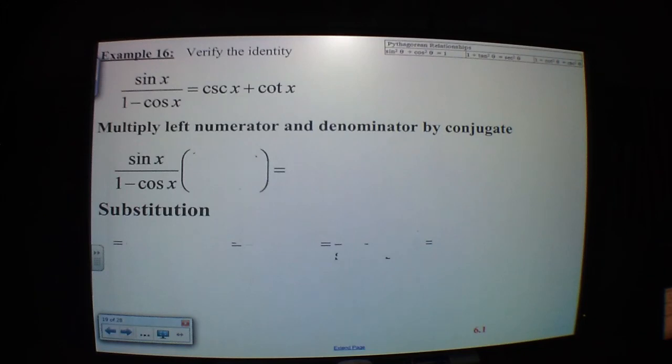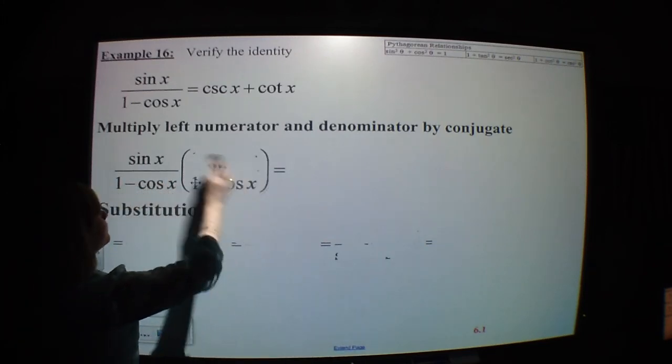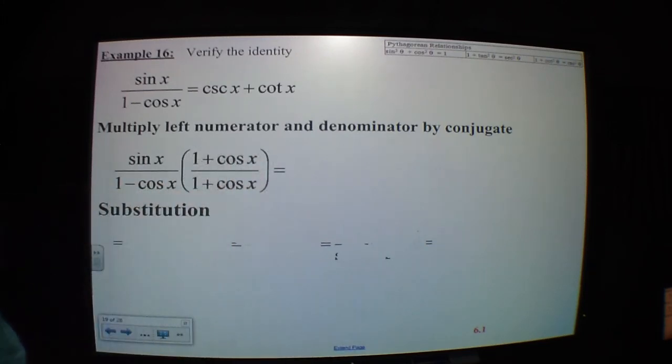This is the last example I want to do for tonight. Verify the identity. Left side looks more complicated than right because it's a fraction. So I'm going to multiply by the conjugate, which is 1 plus cosine of x, top and bottom.